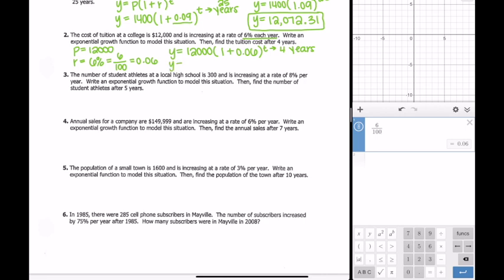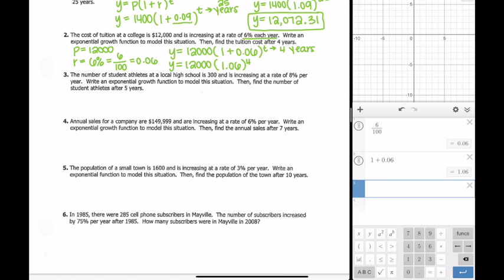And simplifying this would give us 12,000 times 1.06. Now I got 1.06 by just adding 1 plus 0.06. And we're going to plug in 4 as the exponent for t.